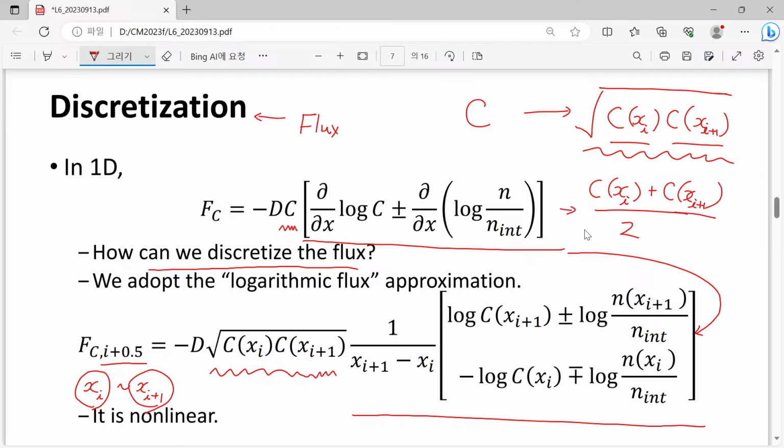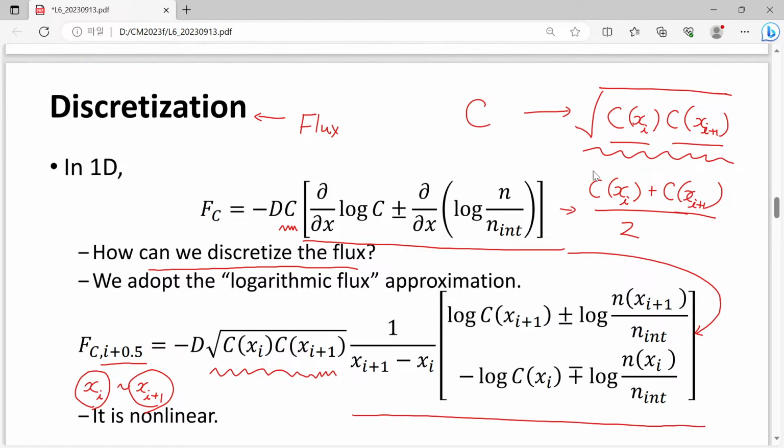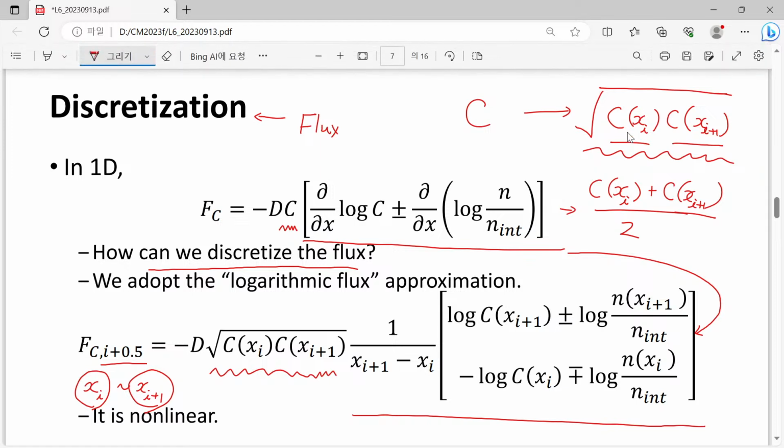This average will be better for a linearly varying quantity. However, if the quantity is varying exponentially, then this one would be better. So we will use this so-called logarithmic flux approximation.